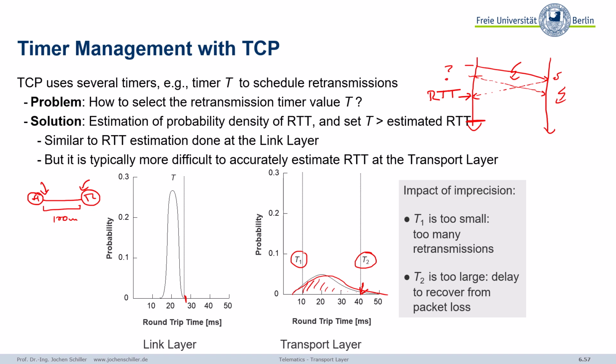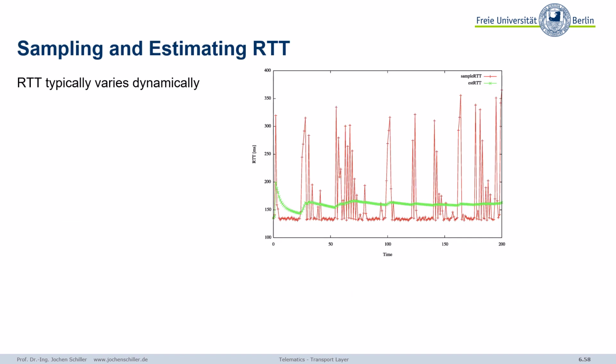The problem is that the round trip time varies in real networks. Just to give you an example, shown here is the measured round trip time in milliseconds, and you see the sample round trip time here in red. What is our round trip time?